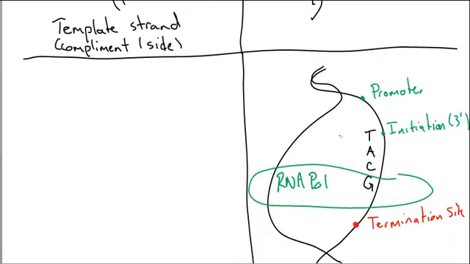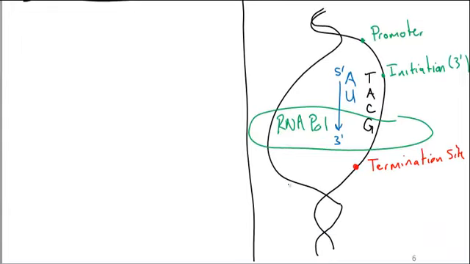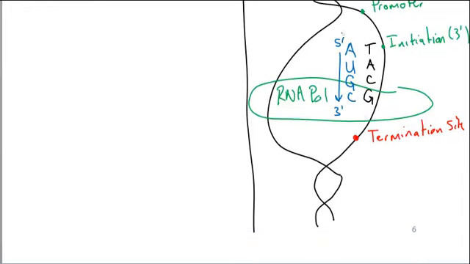And it would work building the new strand in the 5' to 3' direction. The T would pair with an A would pair with, because it's building mRNA, a U. That's one of the differences between RNA Paul and DNA Paul. It'll only pair A's with U's, a C with a G, and a G with a C to start building the mRNA.